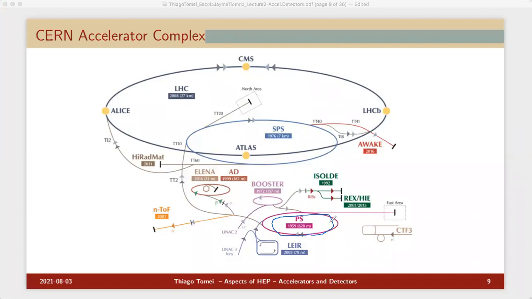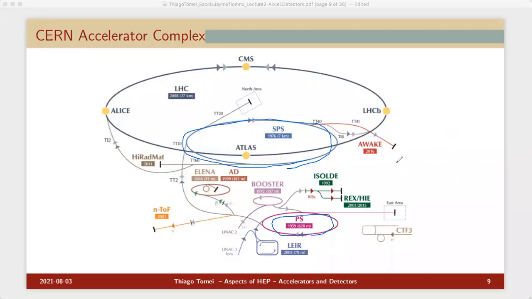But eventually, as the need for higher energies appeared, the super proton synchrotron was constructed in 1976 with 7 kilometers of circumference. And the key thing is that it turns out to be a much simpler thing for an accelerator to work on a limited range of energies.